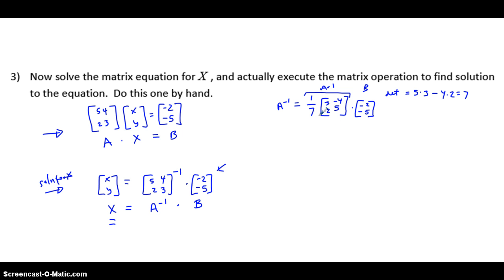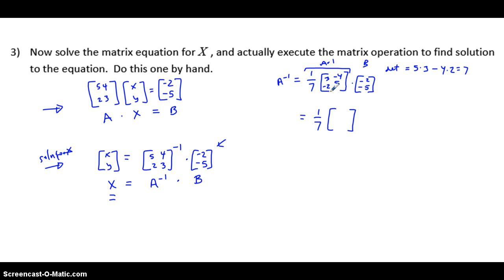So I'm just going to go ahead, and rather than multiply this scalar into this matrix, I'm going to keep it off to the side just because it's going to make the math a little easier. I'm going to go ahead and multiply these matrices. We know the result of this matrix, so we're going to have a 1/7 out in front, and this matrix is going to be a 2×1 matrix. And then we'll just fill this in by doing the correct dot product.